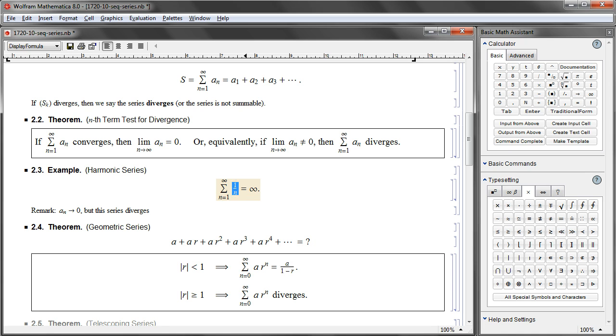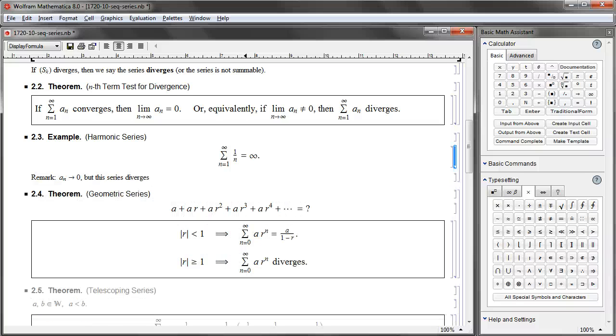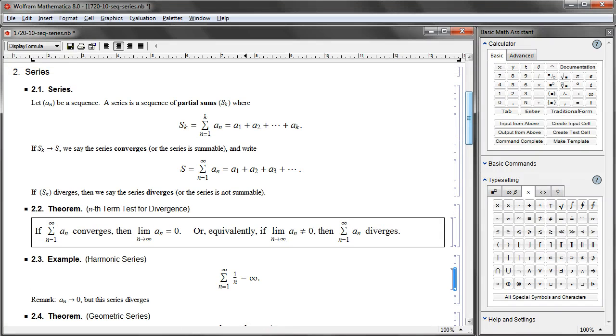General term is 1 over n. That certainly goes down to 0. But, well, the sum itself is infinity. And, well, here's an estimation. 1 plus 1/2 plus 1/3 plus 1/4 and so on. That goes to infinity. And we'll discuss this in the next segment of the video. I'd like to postpone a little bit more advanced things to the next segment.